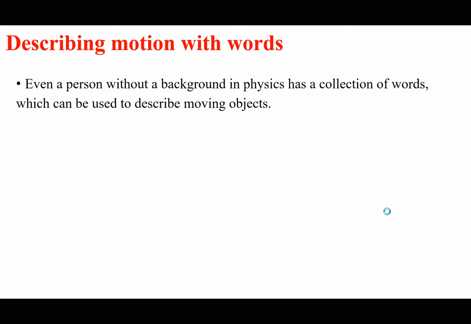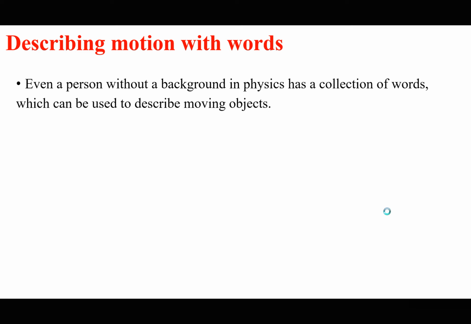Even a person without a background in physics has a collection of words which can be used to describe moving objects. For example, in everyday life, you say a body is moving fast, the car is slowing down, the car is braking. You normally use these words in everyday spoken language to describe motion.